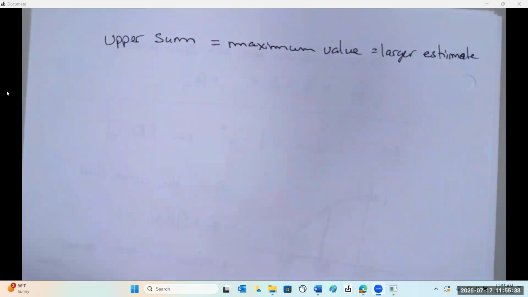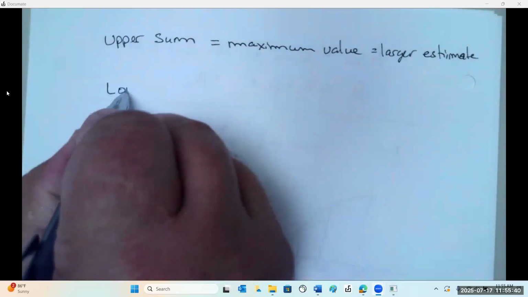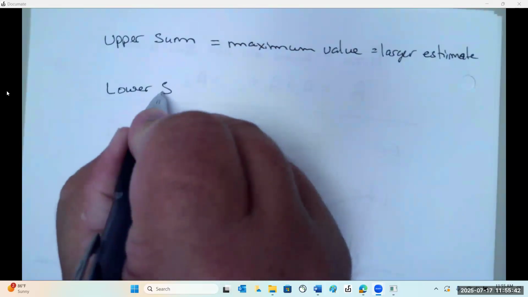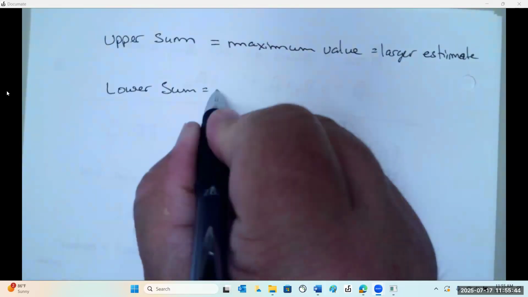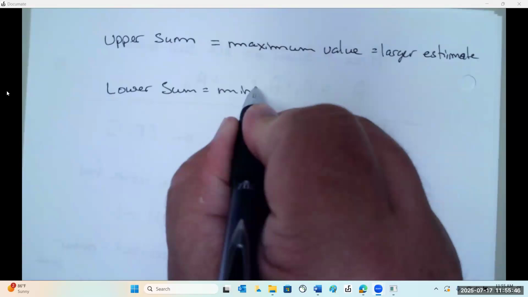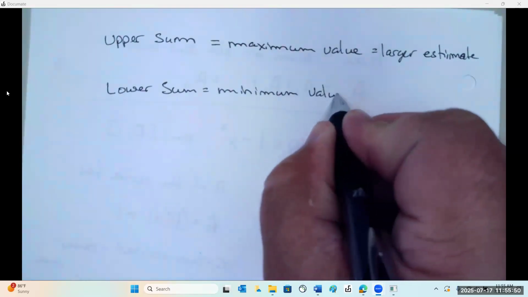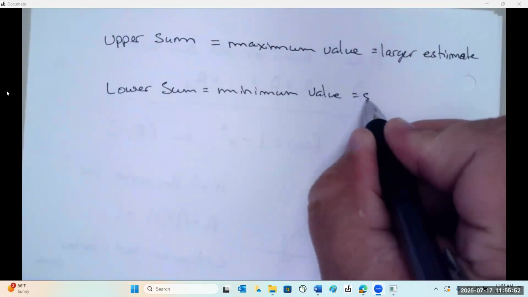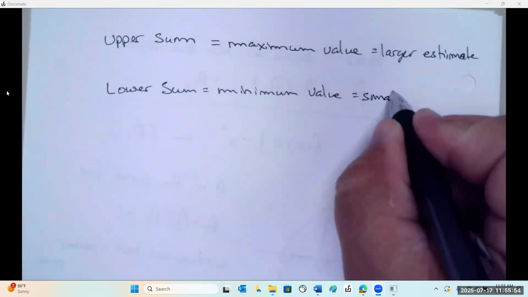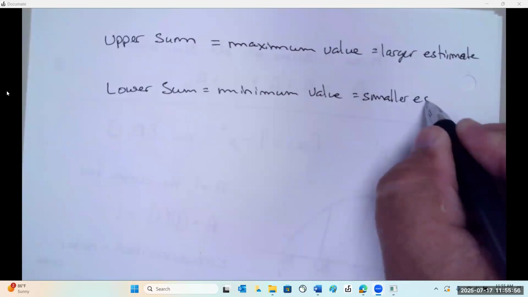That's the upper sum. The lower sum is the minimum value. It's the smaller estimate.